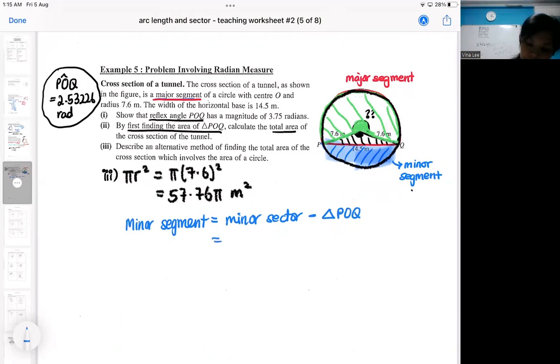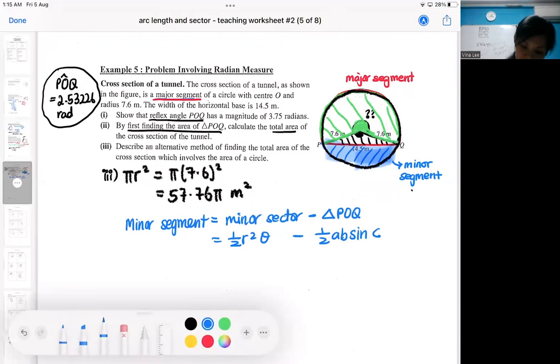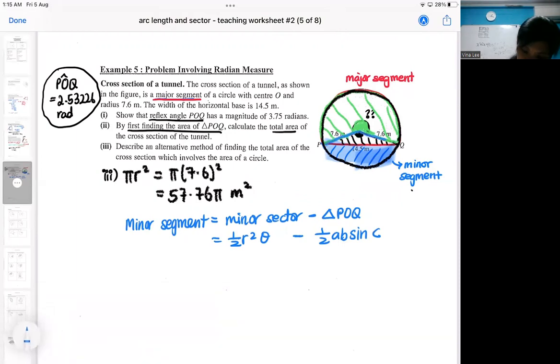So minor sector will be half r squared theta. Triangle will be half AB sine C. So which angle should I be using? I'm using this one. So this is the blue pizza. So I should be using this one.